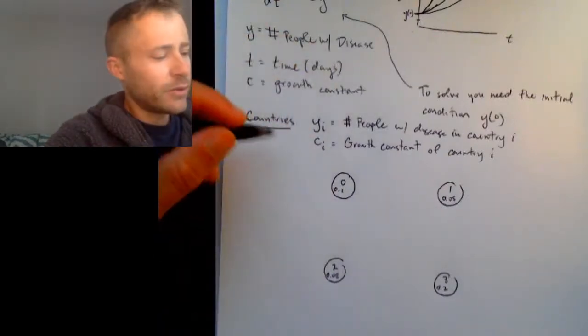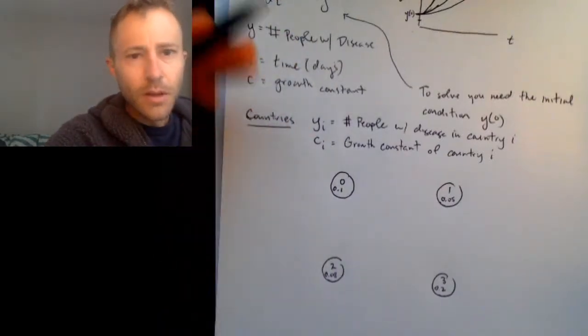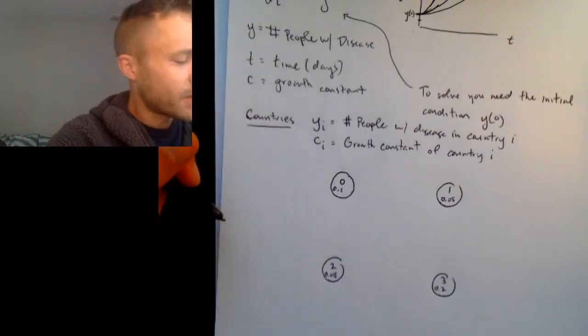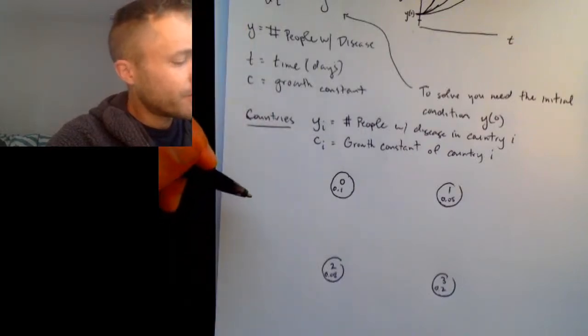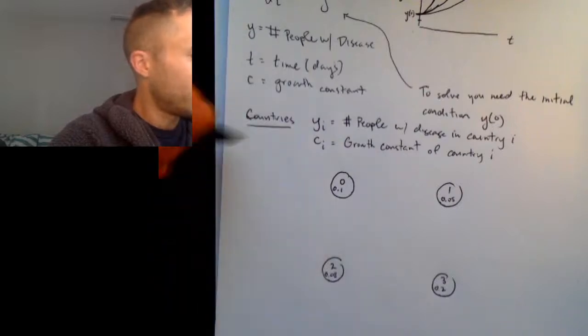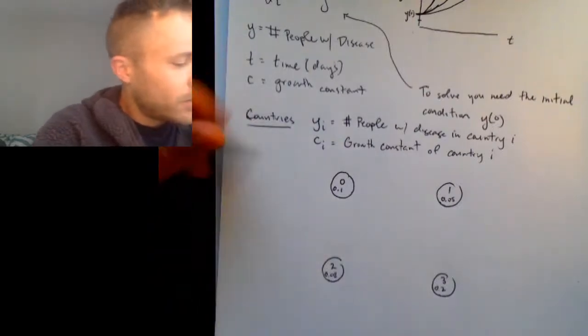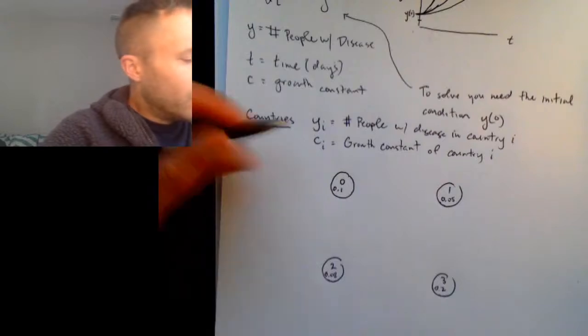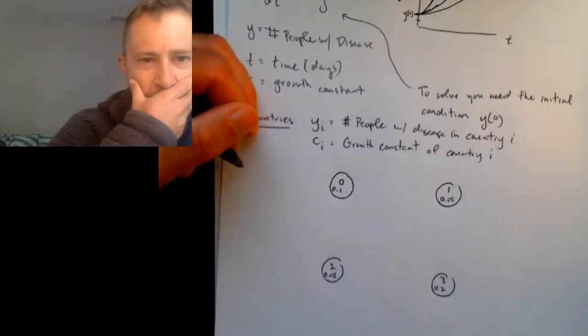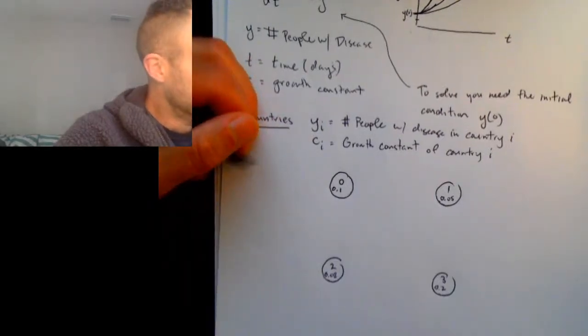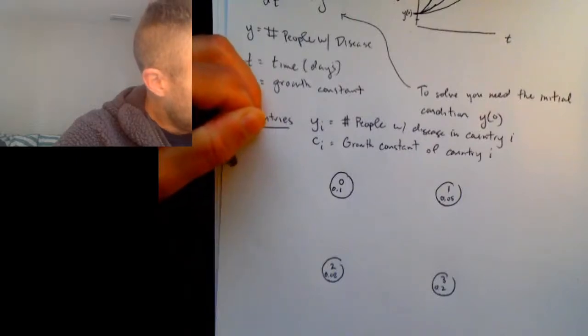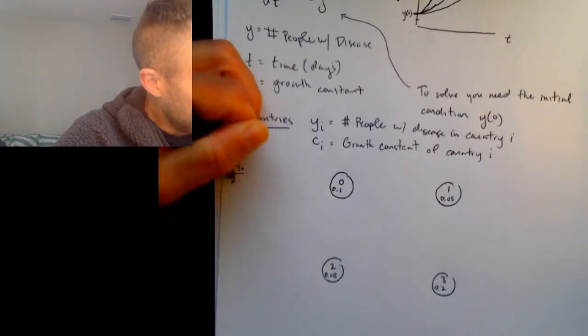Okay. So if the countries are completely separated, then what we would have is dy0/dt.